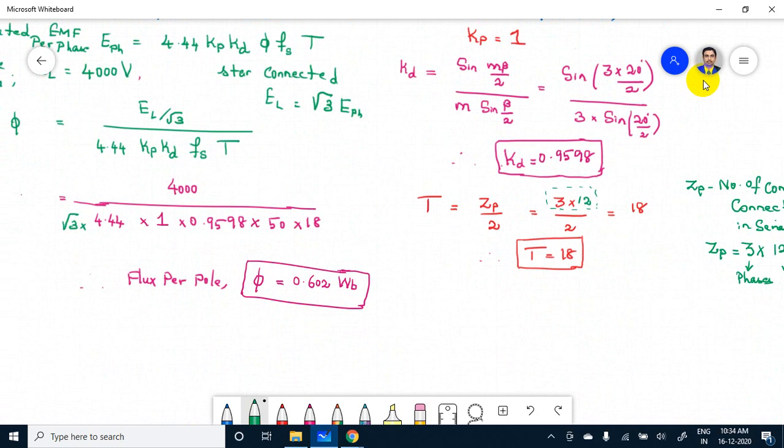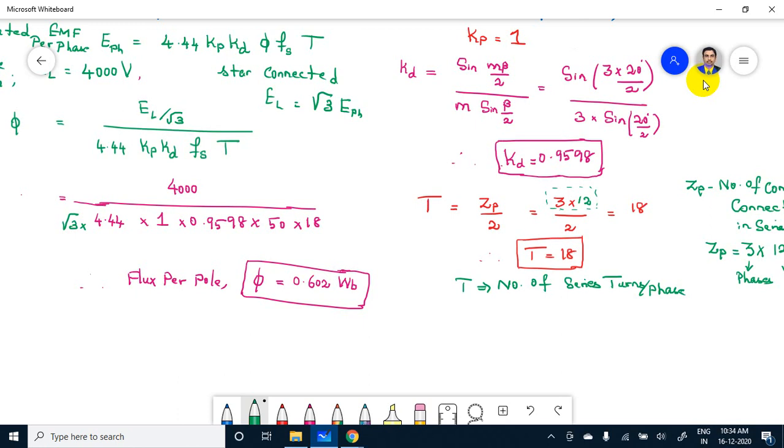So T is the number of series turns per phase. Do you understand? Ashu Ananda, did you get it?